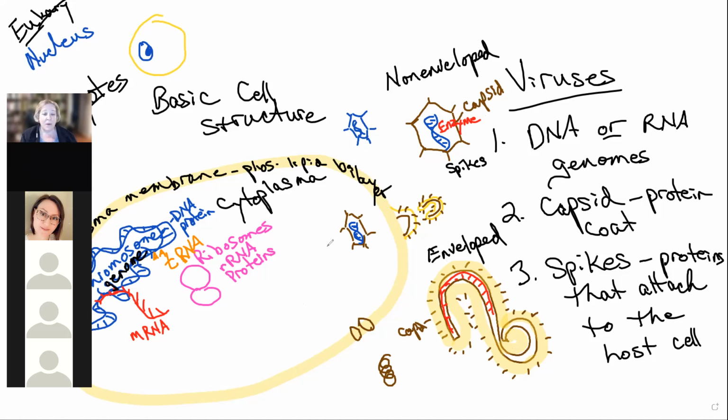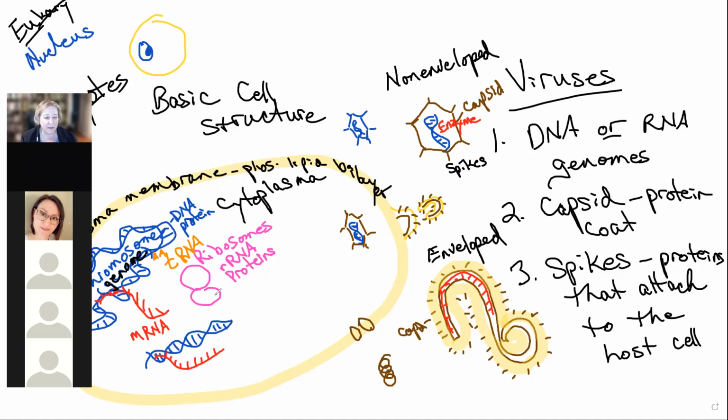Okay. But once they get into the cell, and let's go ahead and go with this DNA virus, once they get in, then they're going to trick the cell into thinking that this is part of the cell DNA. And so mRNAs are going to start being transcribed.